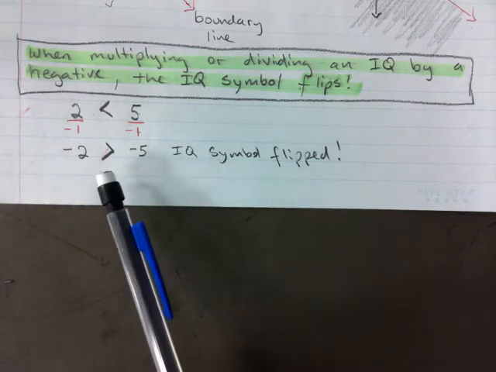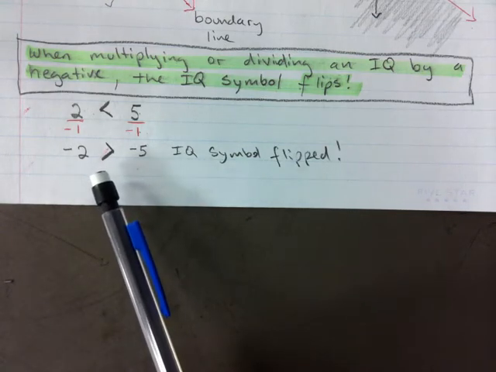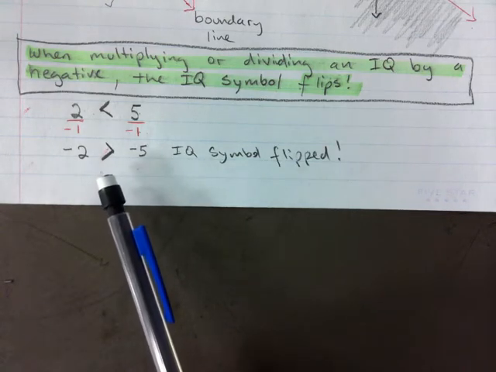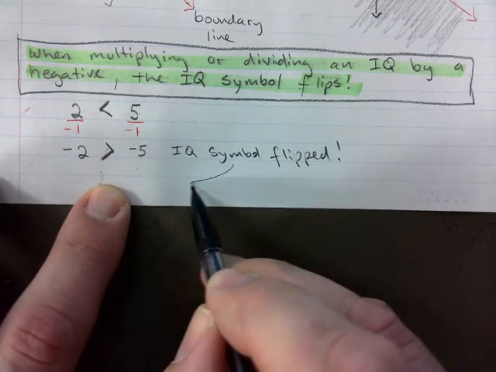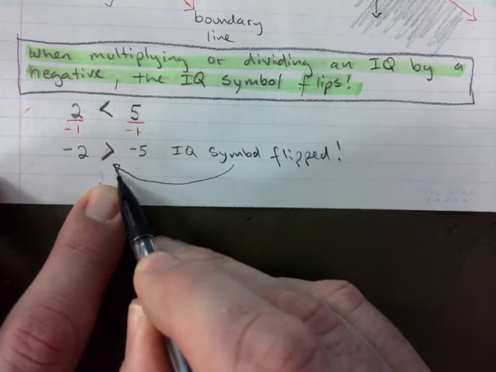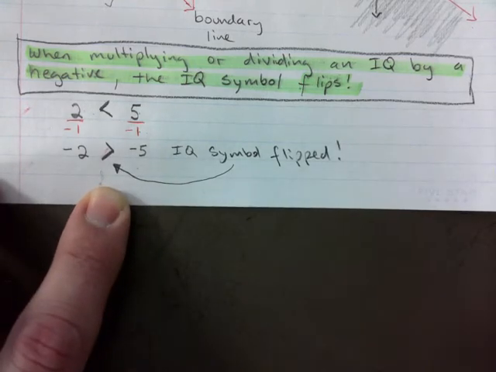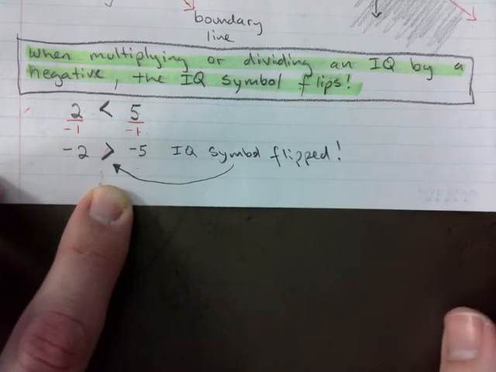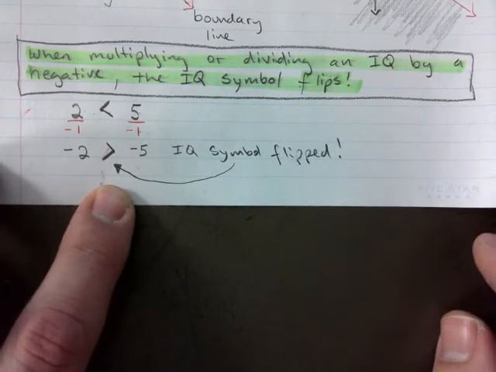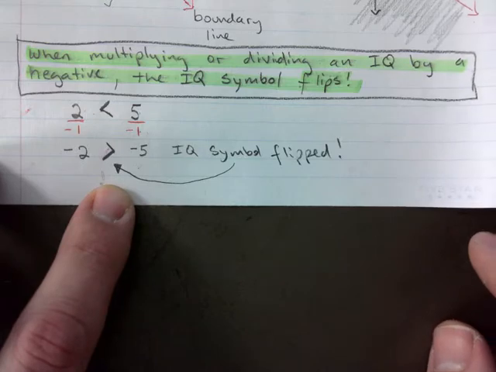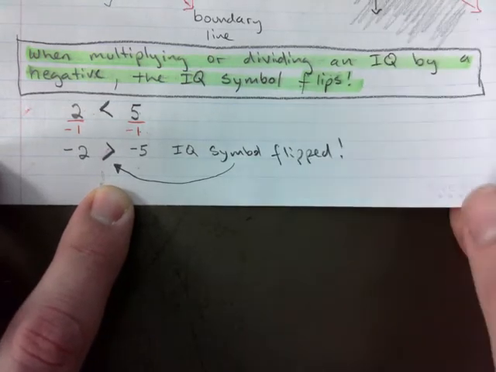If you wouldn't have done that, it would have been a false statement to make, right? So we need to do that to keep that true. So I'm just gonna draw an arrow. There we go. That's that. This is to emphasize the point. Same thing would happen if you multiplied it by a negative. So keep that in mind.